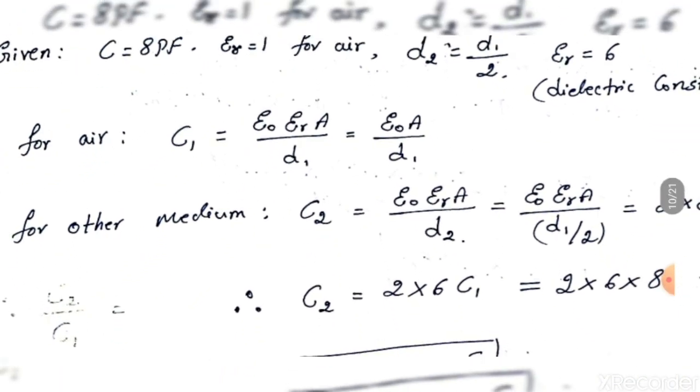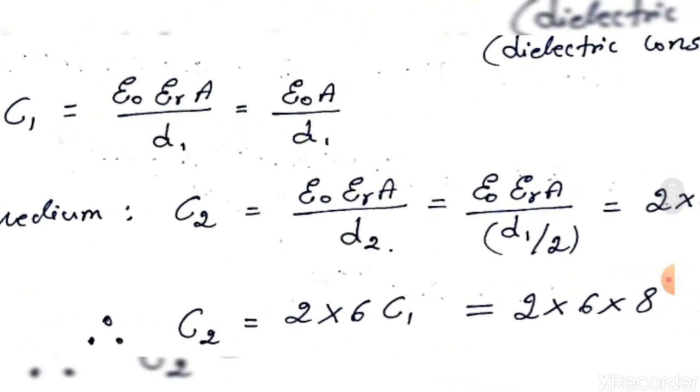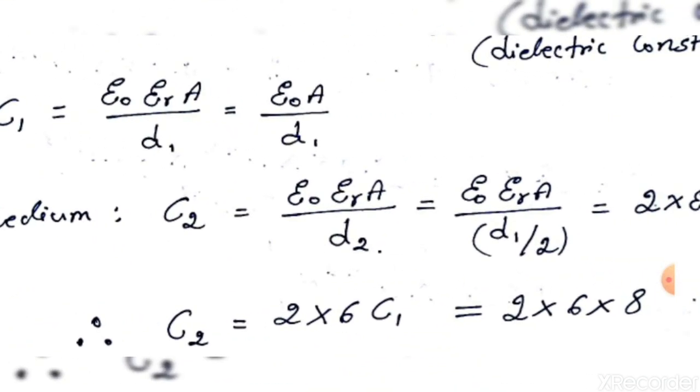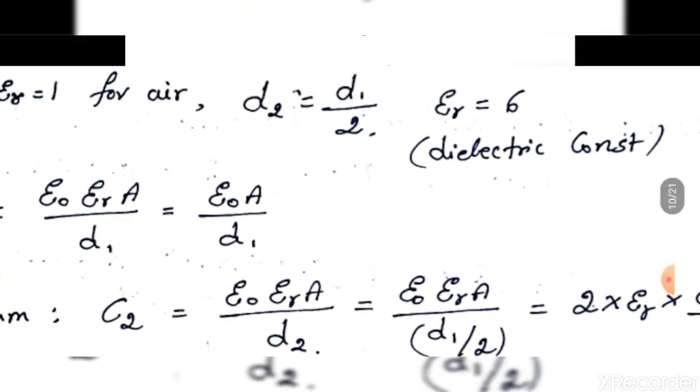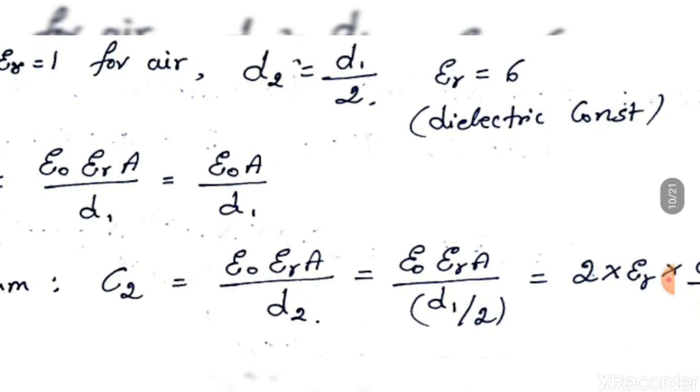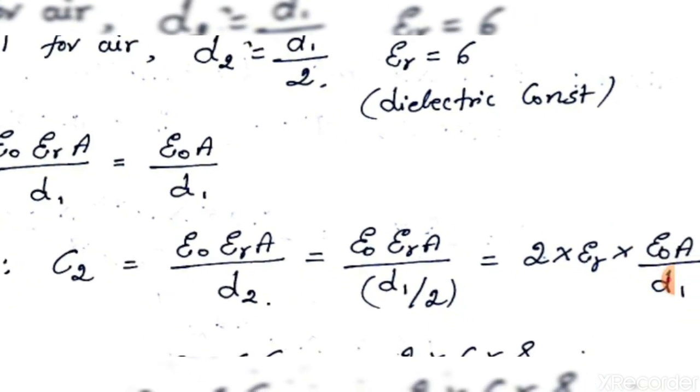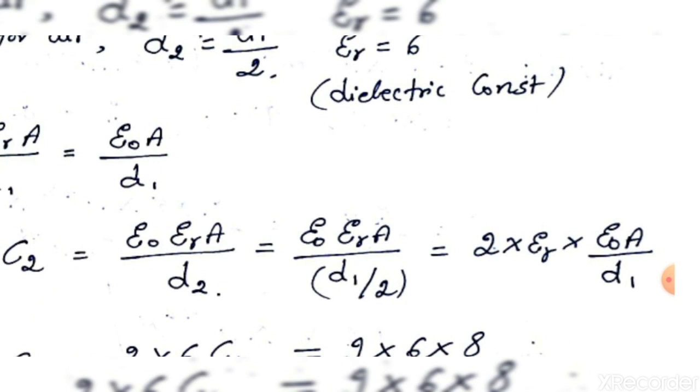Same way for the other medium, use the same formula: epsilon naught epsilon r A, but there is a change in the distance, right? d2 becomes d1 by 2 as per the given data in the question. Send the 2 to the numerator, then it will become 2 into epsilon r into epsilon naught A by d1.